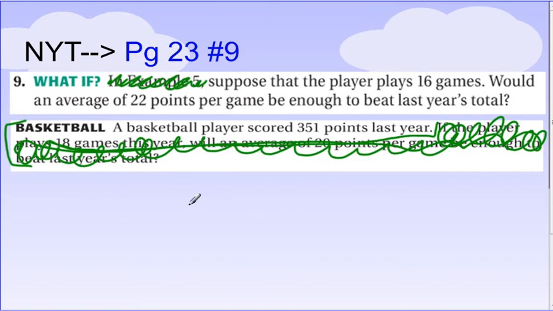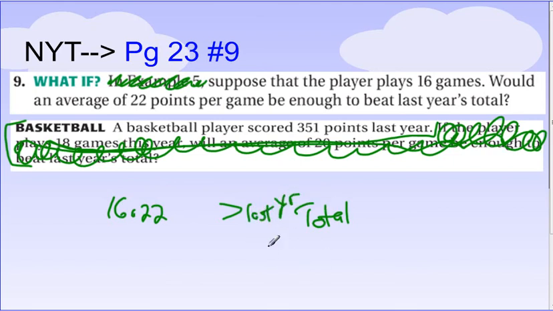Okay, so here's what I got. So I want to find out, is the total, which is this 351, we want to find, is this other score bigger than the last one? So we want to know is, I'm trying to get myself organized here, is the 16 games times 22 points per game, is that bigger than the 351? We want to know, is that enough to beat last year's total? So we want this thing to be bigger than last year's total.